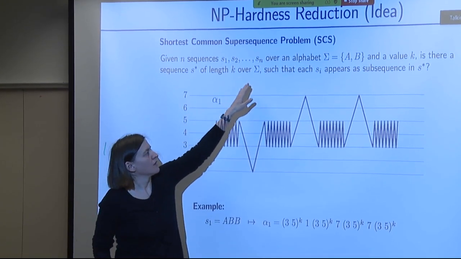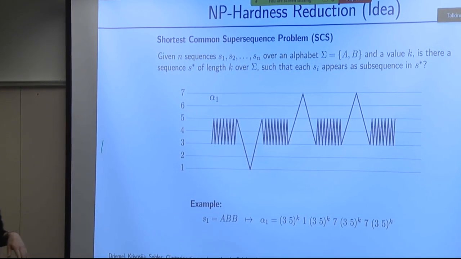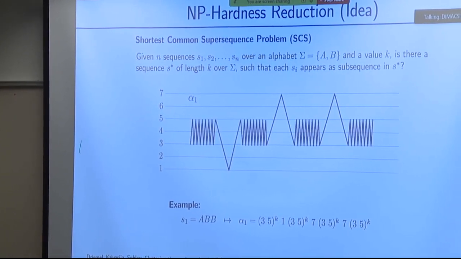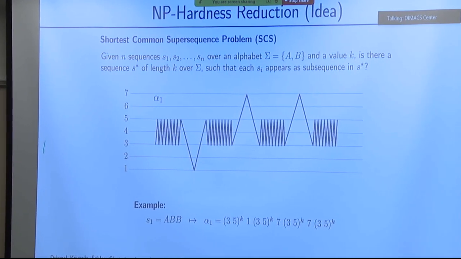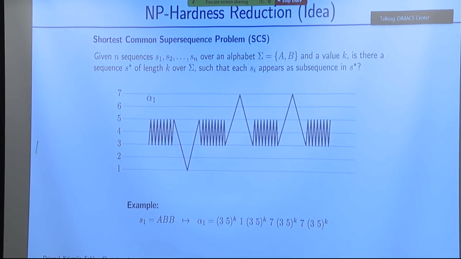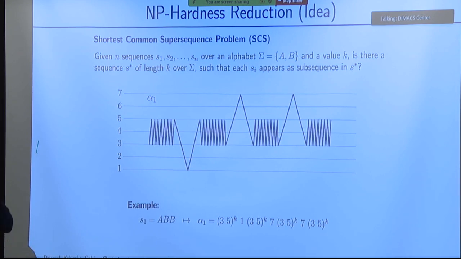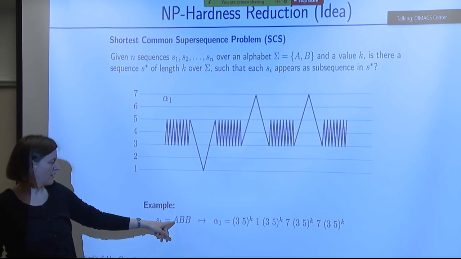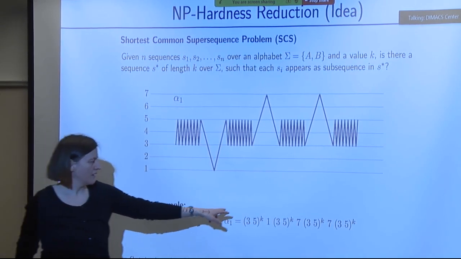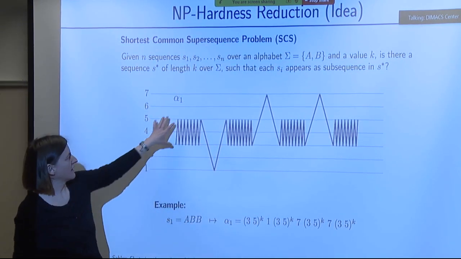Okay, so I can skip characters in my supersequence, but in this way I should be able to obtain any of the n input sequences. So this problem is NP-hard, and we can reduce it to our minimum enclosing ball problem using these gadgets here. If I have an input sequence A, B, B, then I replace every character with a gadget that looks like this.